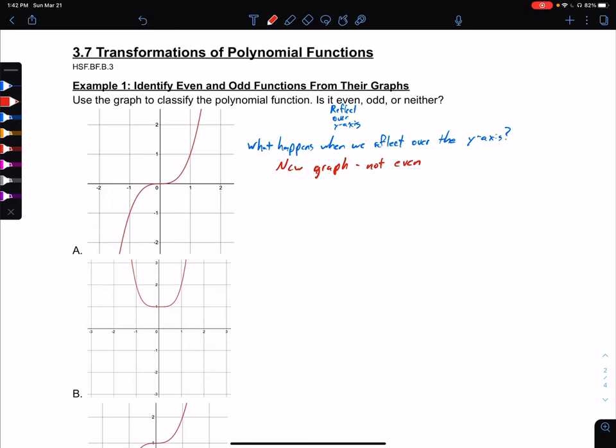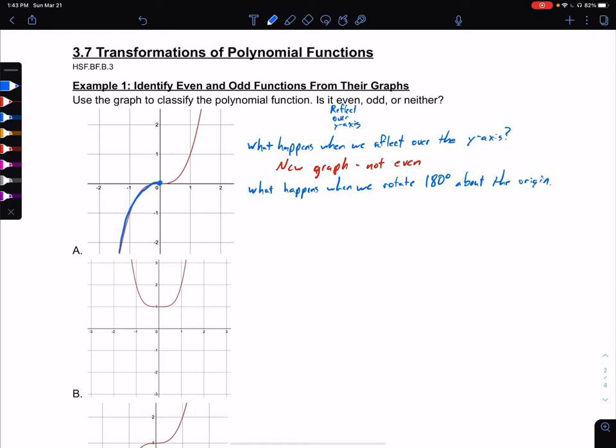Okay, so now we need to see if it's odd. The next question we can ask is, what happens when we rotate 180 degrees about the origin? So my origin's here.